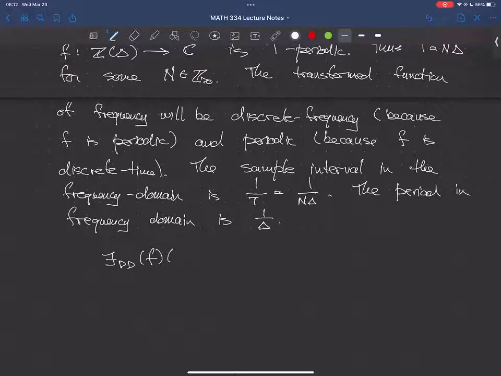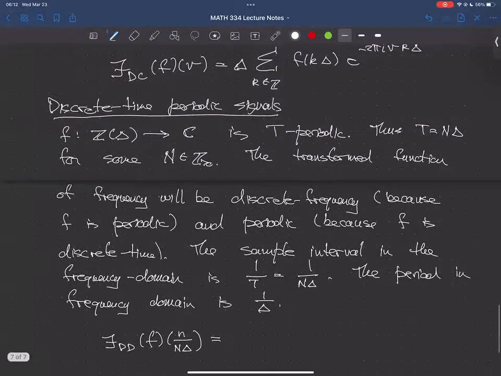So it's going to be, again, discrete frequency with this sample interval, so that'll be 1 over N delta. And then I'm going to have now a formula for it.